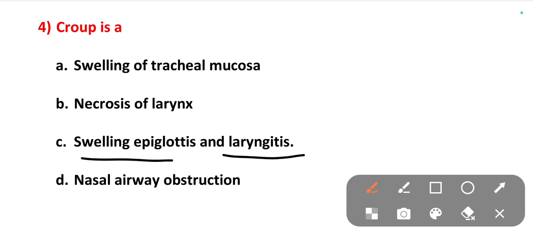So swelling of epiglottis and laryngitis. Option D nasal airway obstruction. So the right one is option C. So option C is the swelling of epiglottis with the infection and laryngitis. So that is called croup.